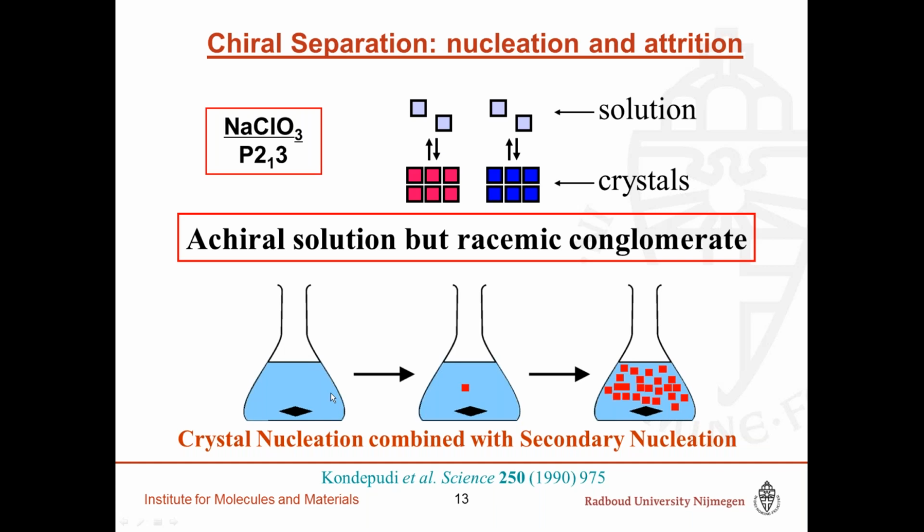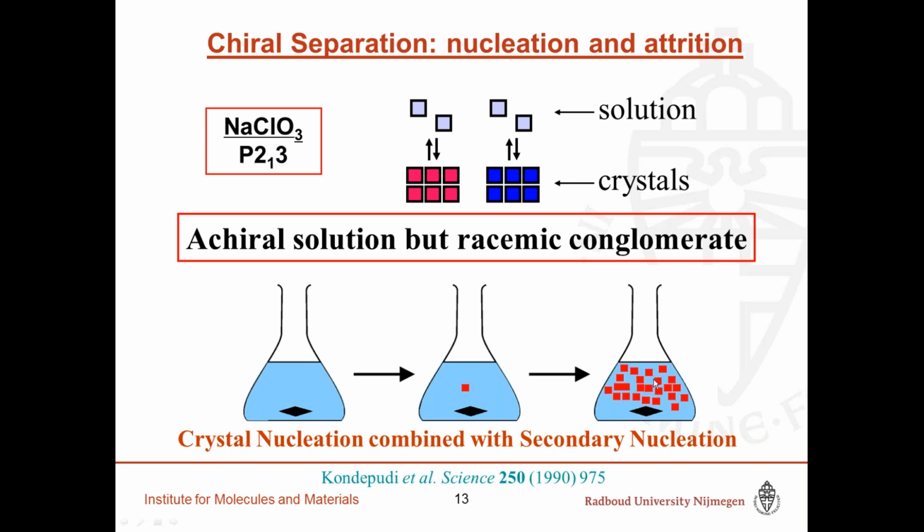Now, if you would lower the temperature or wait longer for a supersaturated solution, then after some time you would find the first crystal which would nucleate. And if you at the same time have this magnetic stirring bar stirring the solution, then of course this crystal will also suffer from attrition, and you will make many more new nuclei, which will grow out to new crystals.